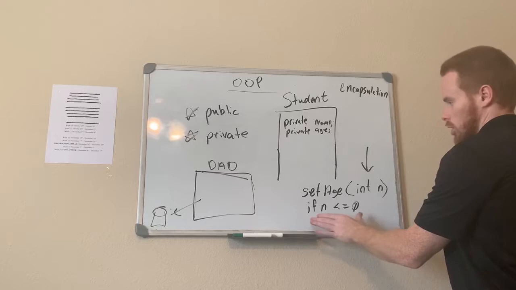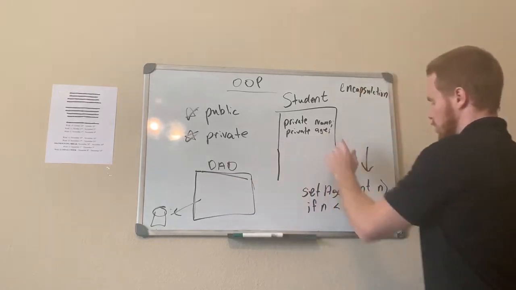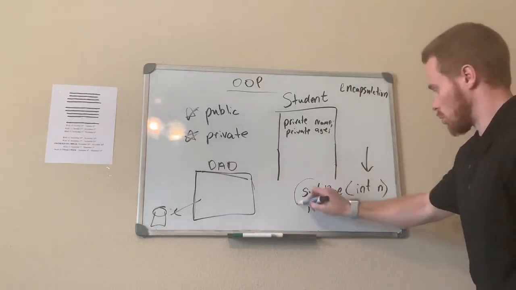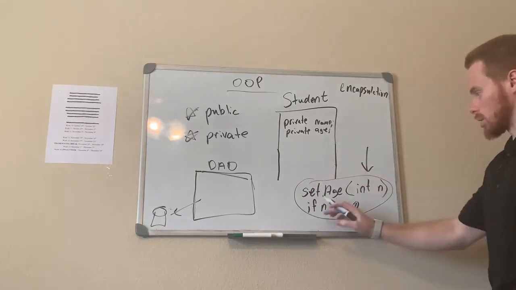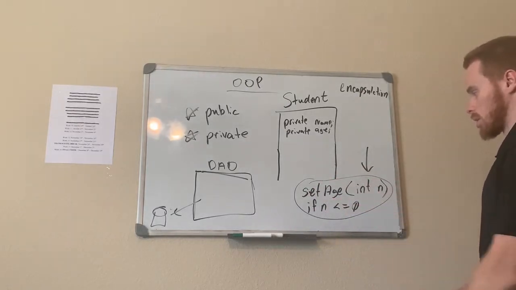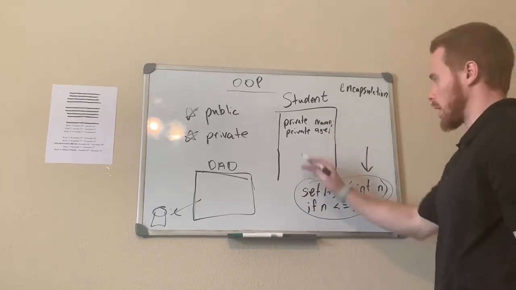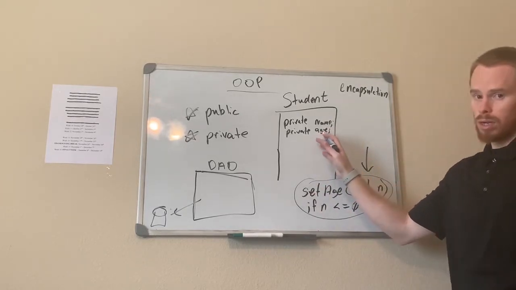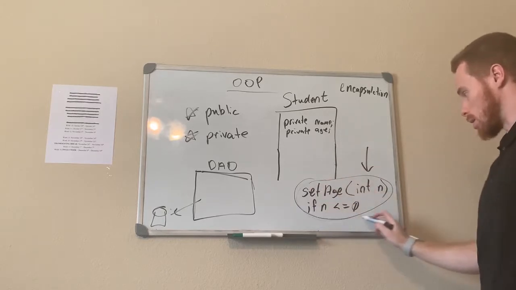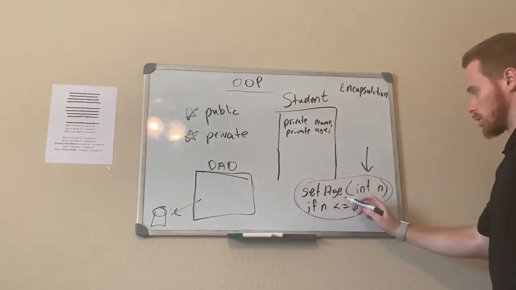But you have restrictions. That way when somebody tries to access your data, they have to use your getters and setters, which have your restrictions, saying, hey, if you want to change the age variable, you can't just access the age variable directly. You have to go through my setter, which is setAge.